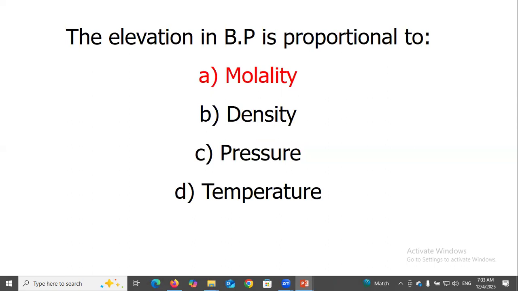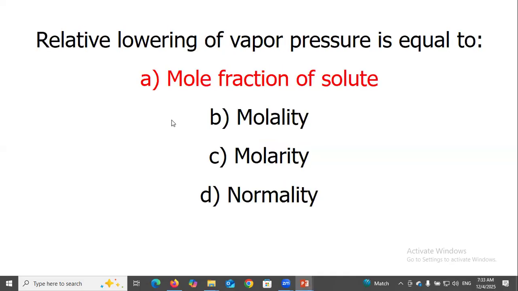Elevation in boiling point is proportional to molarity. Relative lowering of vapor pressure is equal to mole fraction of solute.